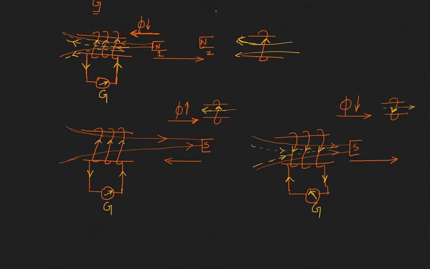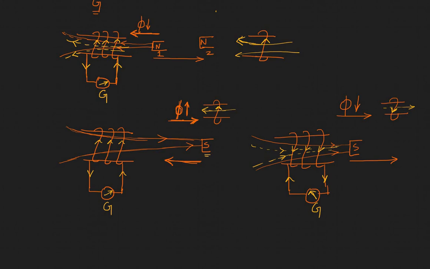Here is the solution. In this particular case, we see that all your magnetic field lines are moving towards the south, and as you bring this magnet closer, you will see that phi is increasing through the coil, in the direction of the magnetic field lines, which is this way.